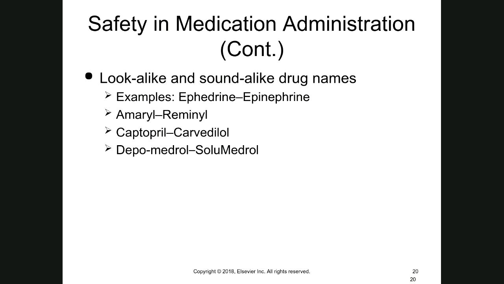One's an ACE inhibitor and one's a beta blocker, or one's actually a calcium channel blocker. And then Depo-Medrol, that is a hormone, and Solu-Medrol is a steroid. So you want to know the difference between drugs, because there are some sound-alikes that you would think are in the same family, but they can have different doses even if they're in the same family.